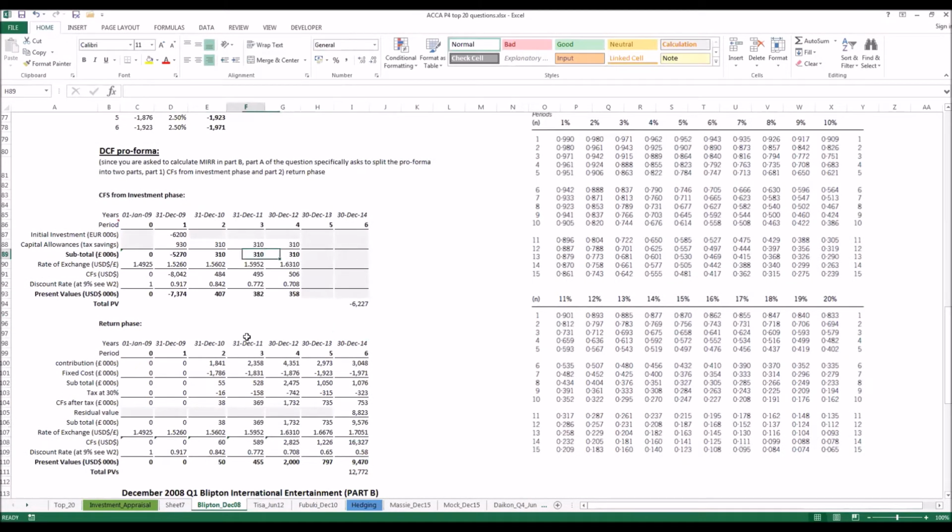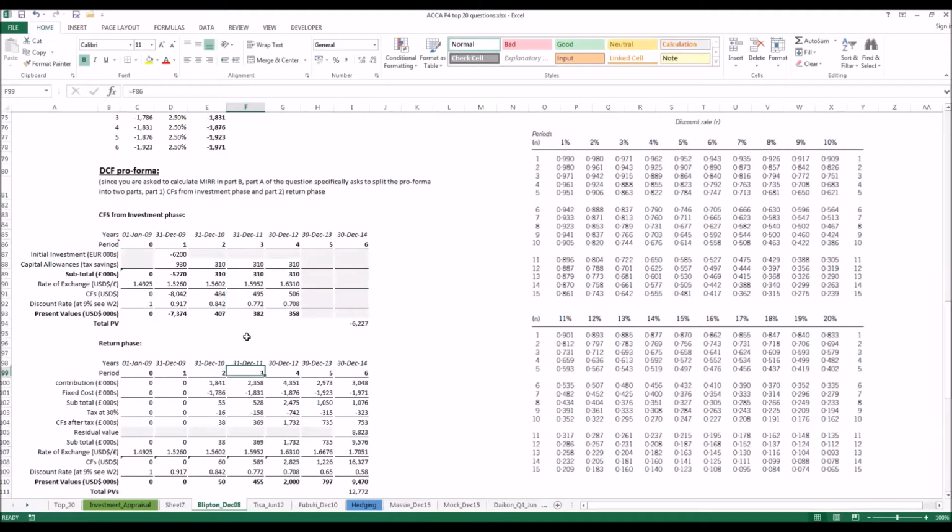So by building in the capital allowances or the tax savings, in year one we have reduced the cost by 930,000. Here, the tax saving is effectively an addition to the profit, because we are reducing the cost of tax. We are effectively increasing the present value on the contribution. So here we have positive present values in the initial investment phase. And this is where the capital allowances go.